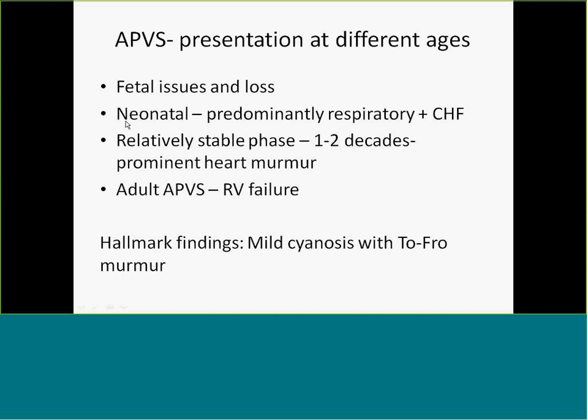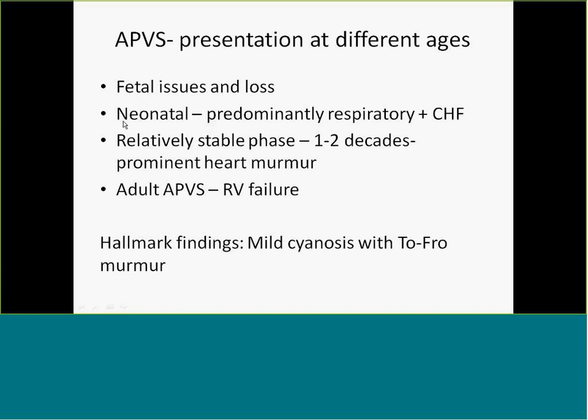The second one is a neonatal group where the respiratory symptoms predominate, where airway compression and pulmonary complications, and a lot of element of heart failure because of RV volume overload. Finally, if cyanosis is present, it's probably due to the respiratory component. You have hypoxia due to poor ventilation, poor air exchange, and secretions, collapse, and so on.